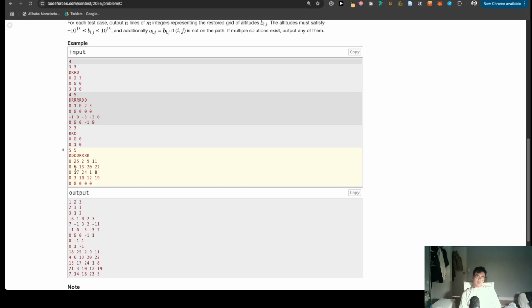For this specific case, it works. But in the general case, it doesn't. Wait, does it just work?